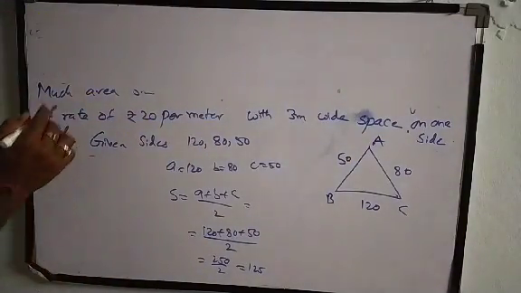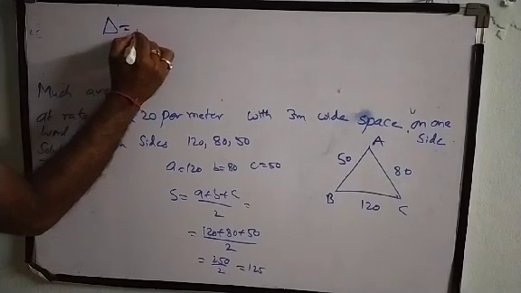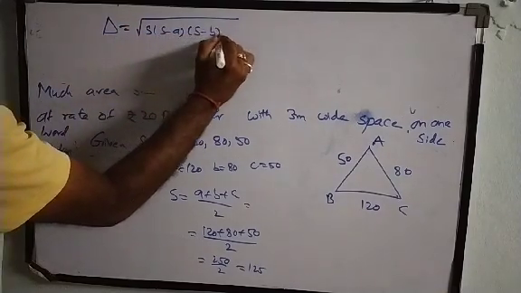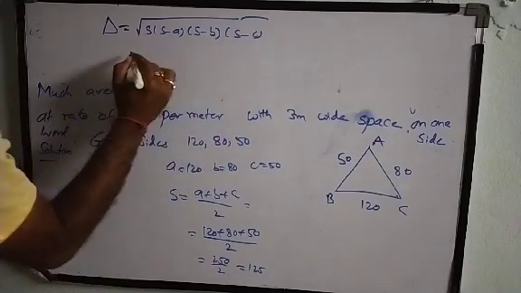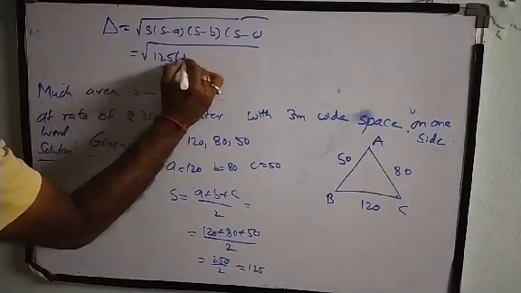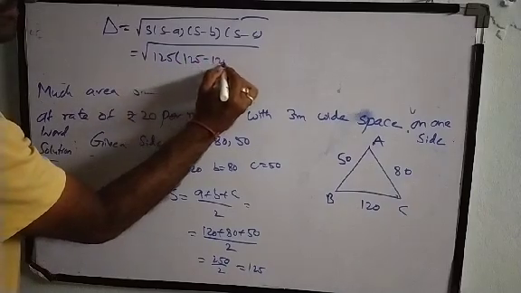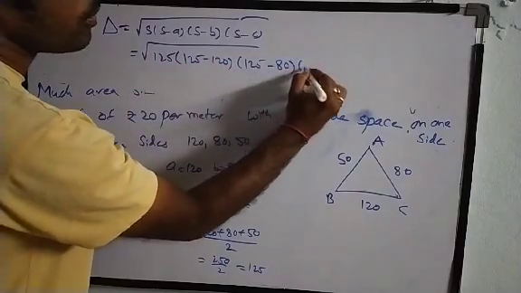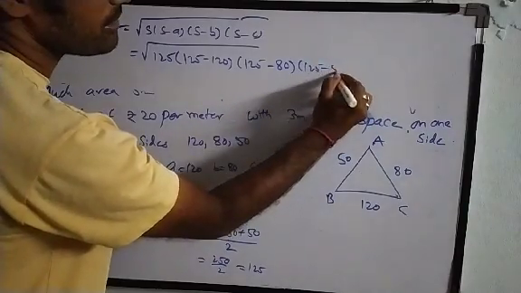We need to find delta is equal to root of s into s minus a into s minus b into s minus c. Root of 125 into 125 minus 120, 125 minus 80, 125 minus 50.